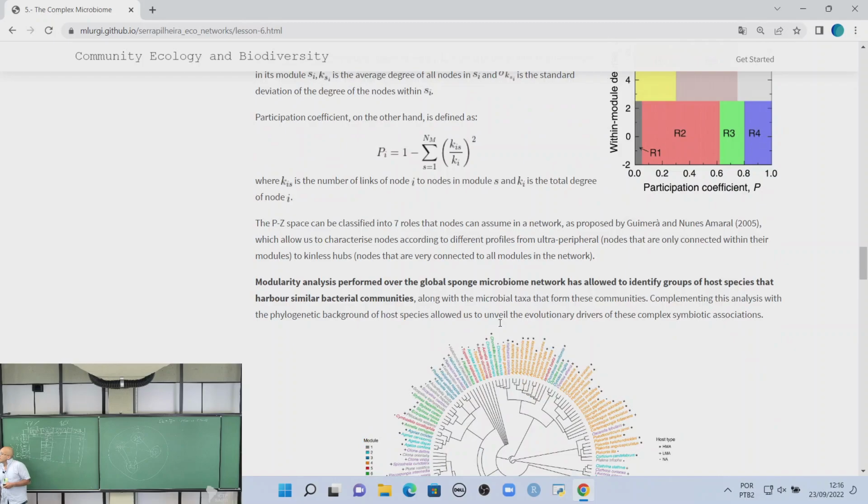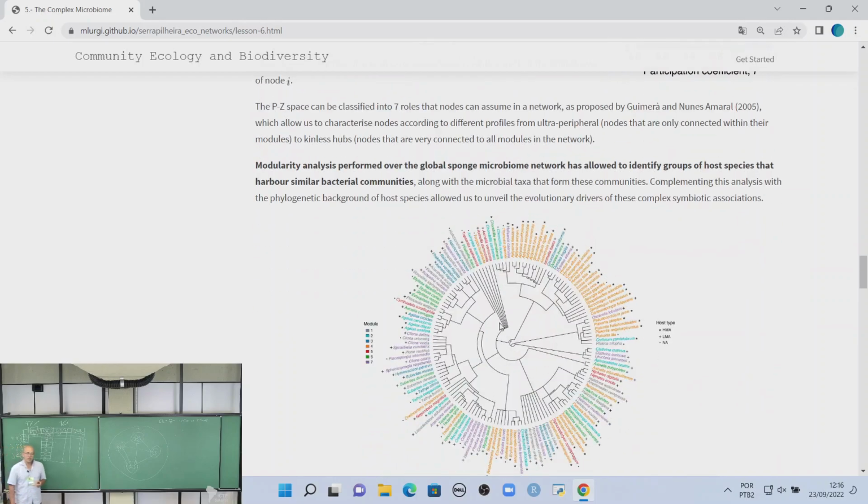So yeah, the other thing that you can do once you have this information about the modularity is to try to better understand the potential mechanisms behind that. And when we did this, we found that the phylogenetic signal of the sponge species, of the host, is very related to the modularity of the network.